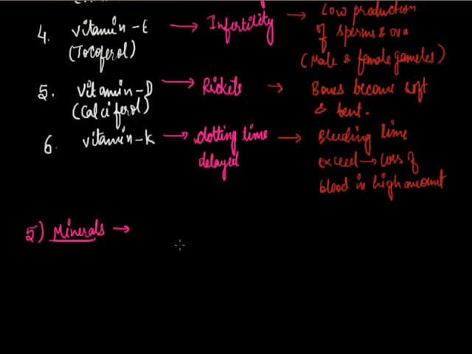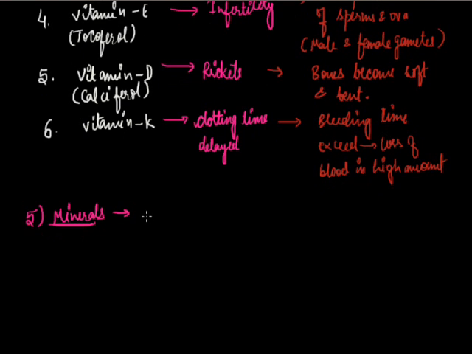So minerals are some elements which are required by the body, and they are very important for the body to do many functions. They work as a cofactor with enzymes in many biochemical reactions, so they help enzymes in a biochemical reaction.